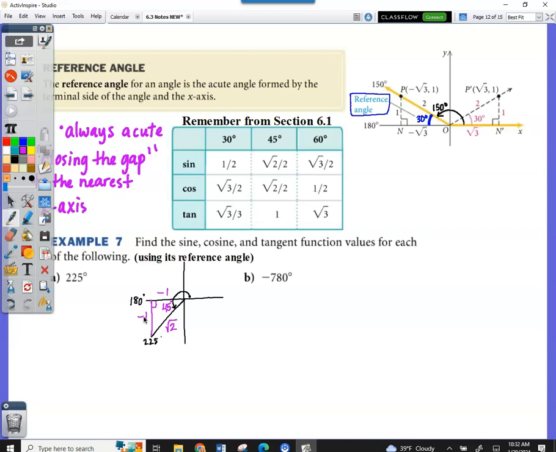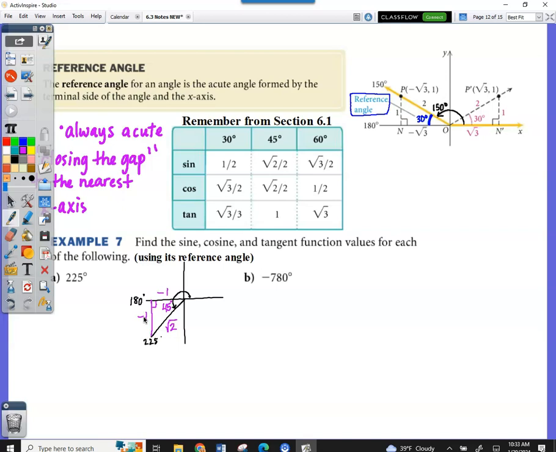We're calibrating a number. So what's the purpose of it? The purpose is you're going to take these ugly angles, like 225, and you're calibrating them to a reference angle that will always be, you with me, 45, 30, 60, or 90.